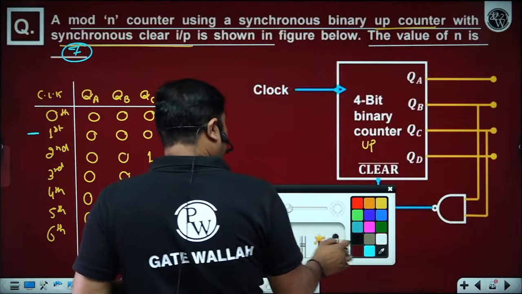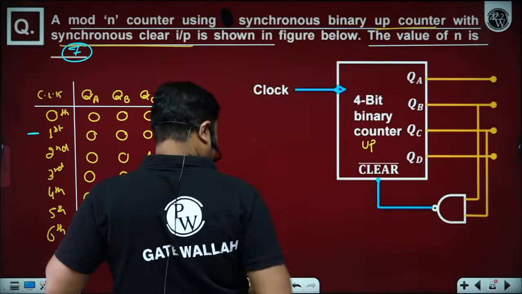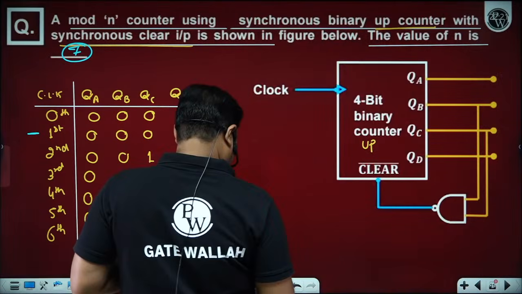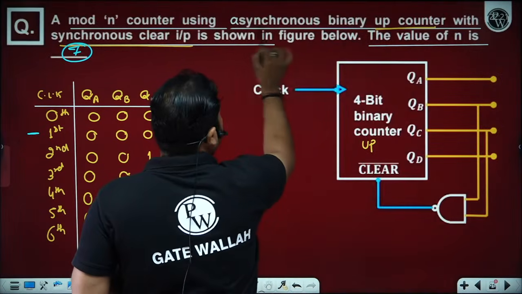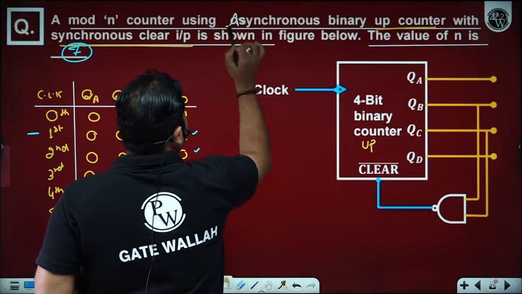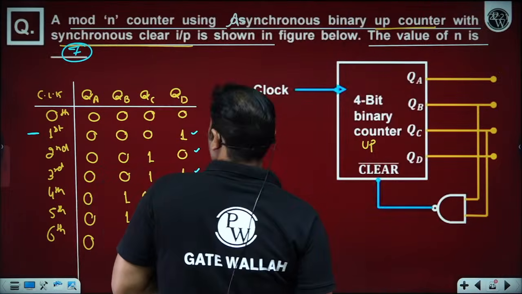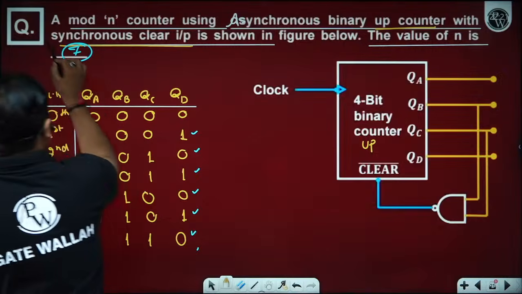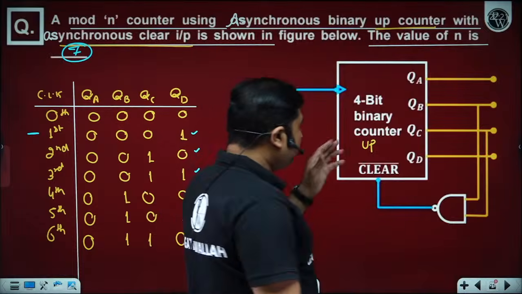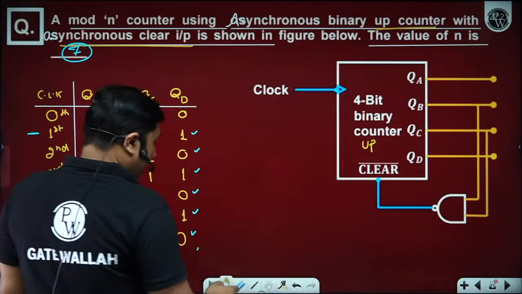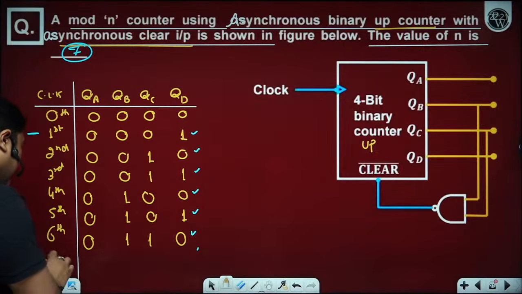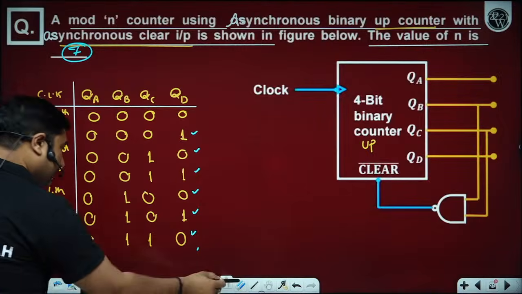Suppose we have a mod n counter using an asynchronous binary up counter with an asynchronous clear input pin. It can be a ripple counter or anything, but on the 7th clock pulse we will not get the 7th state.